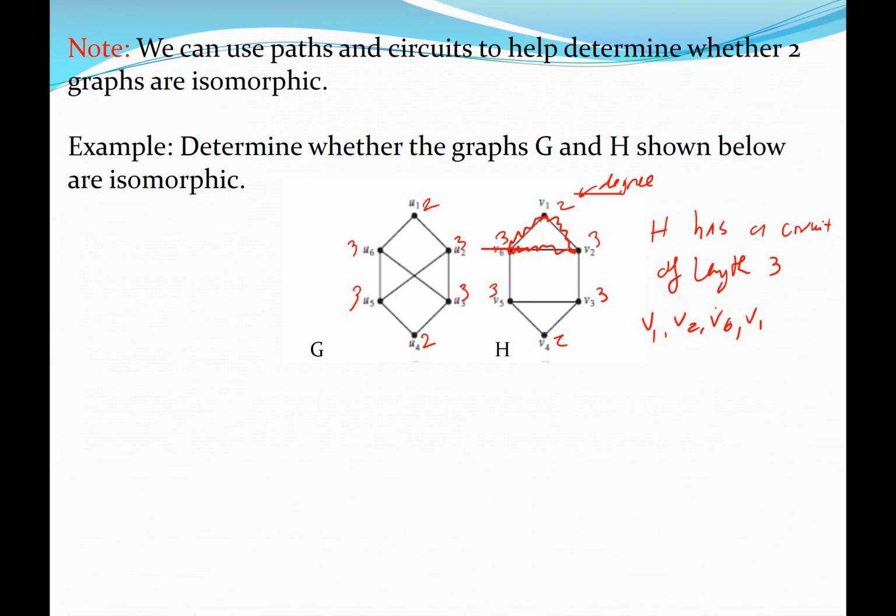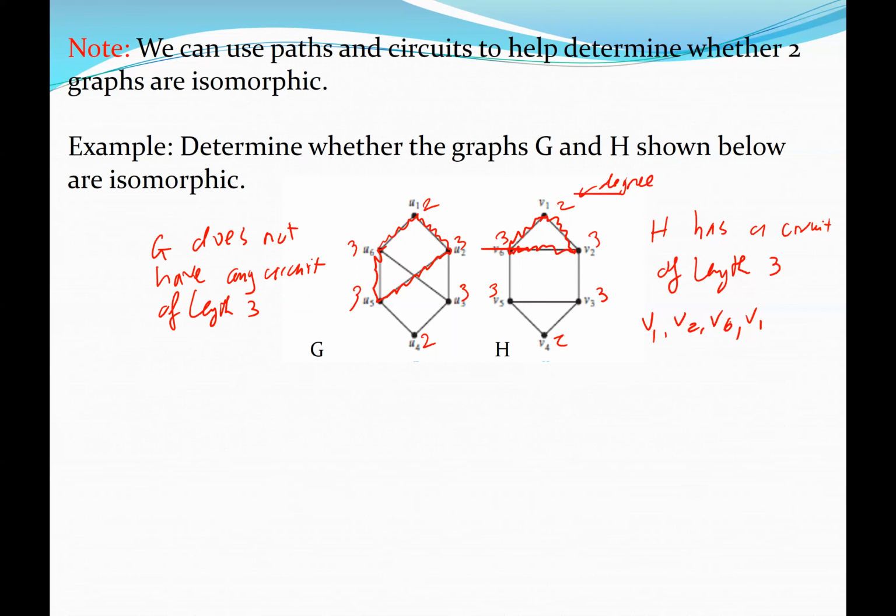But G does not have any circuits of length 3. There's no circuit of length 3 in G. The smallest circuit G can have is a circuit of length 4. So therefore, G and H are not isomorphic.